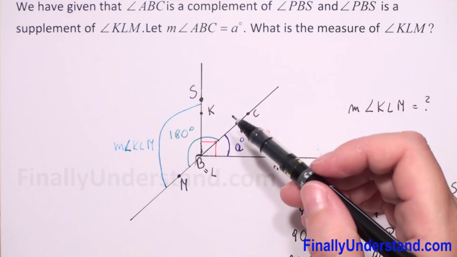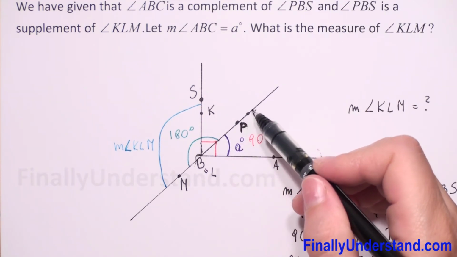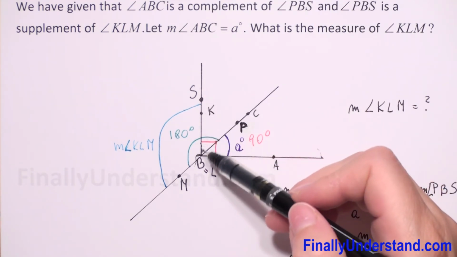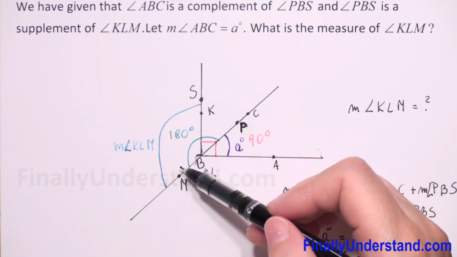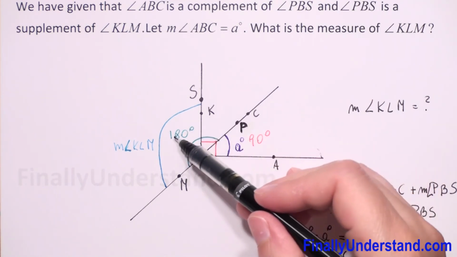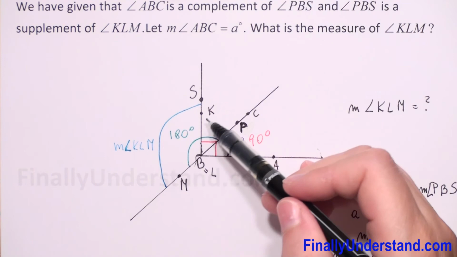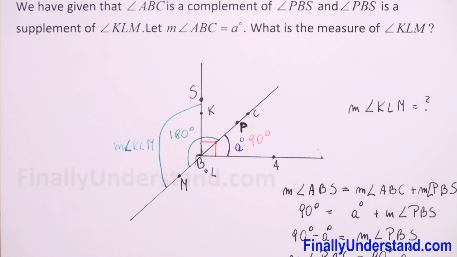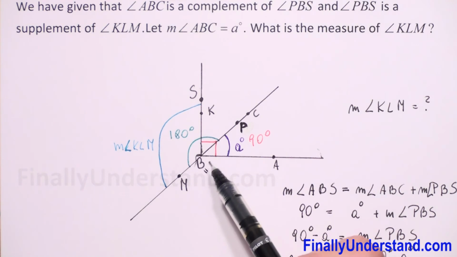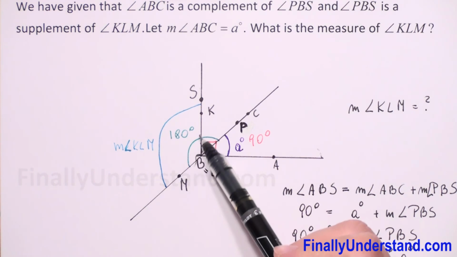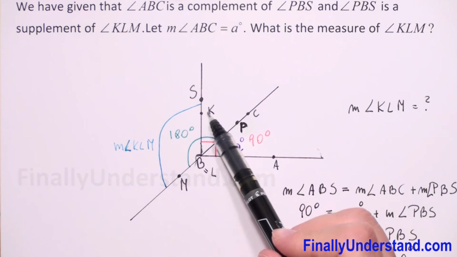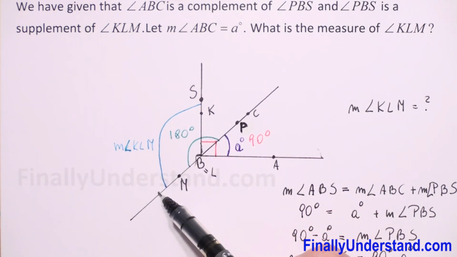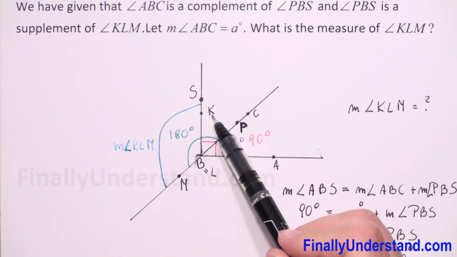Now, because angles PBS and KLM are supplementary angles, the sum of these two angles is 180 degrees. So we can write that the measure of angle KLM is the difference, because we have the 180 straight angle and we are given this part.